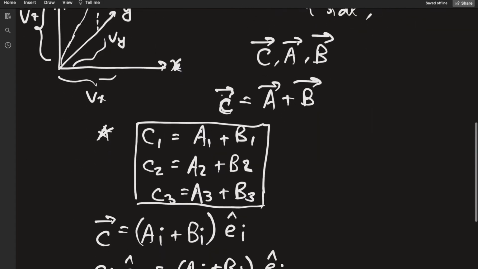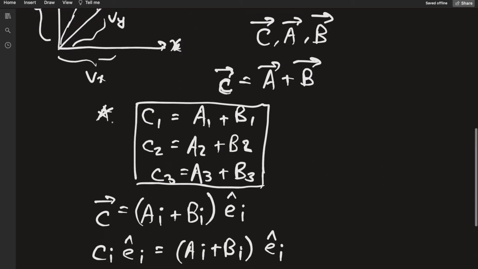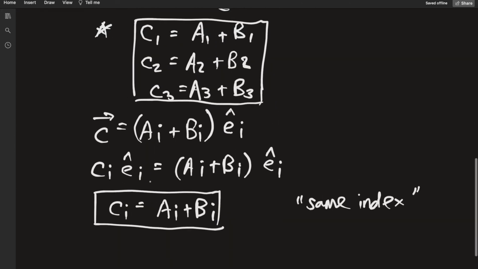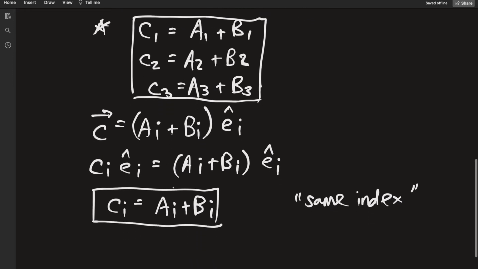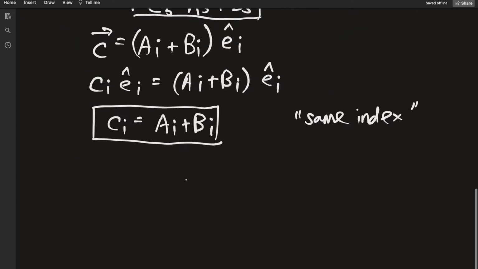I hope I don't confuse you too much with this, but it's pretty clear. This entire rule that I marked with an asterisk is just captured with these indices, that C_i is equal to A_i plus B_i. The i component of C is equal to the i component of A plus the i component of B, which is basically the rule for adding vectors.